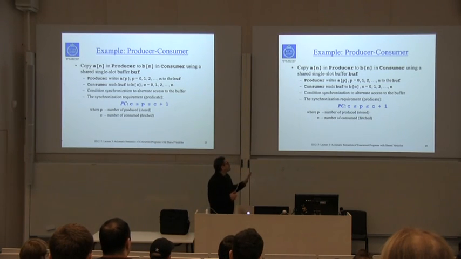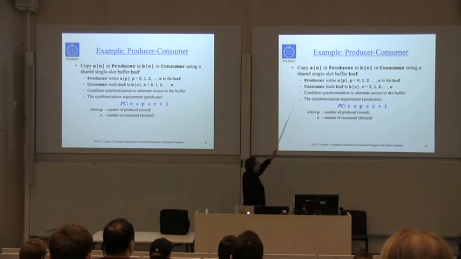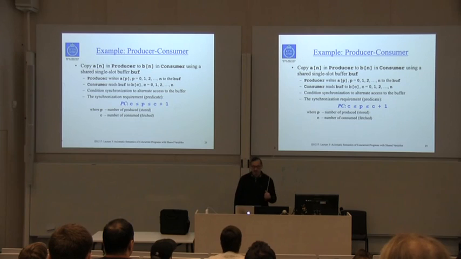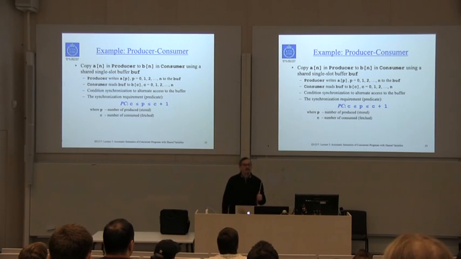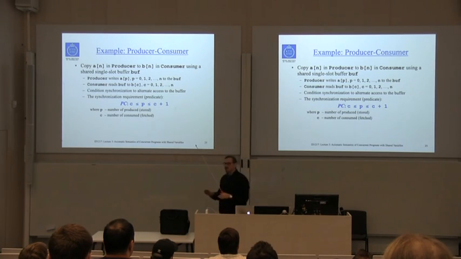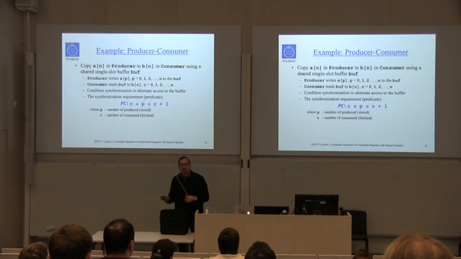We assume the producer will be producing an array A of n values, like a stream you can think of. Eventually this A should arrive at the consumer. The consumer will get them in B, which is a local variable for the consumer. But they will be communicating through a shared buffer, buff. And just for simplicity, we assume it's a single slot buffer, one placeholder for one item.